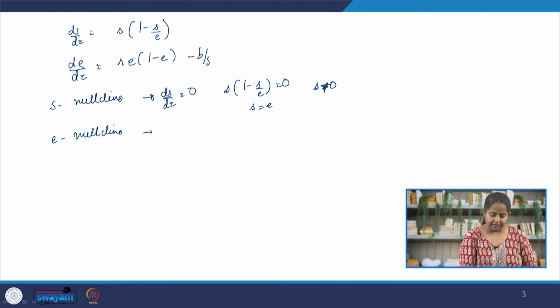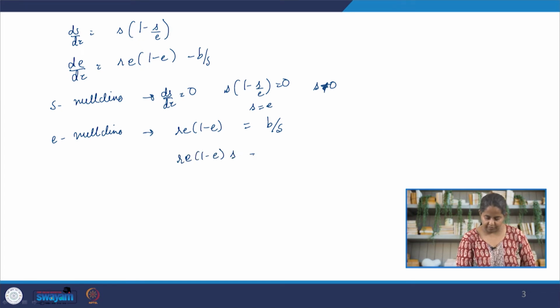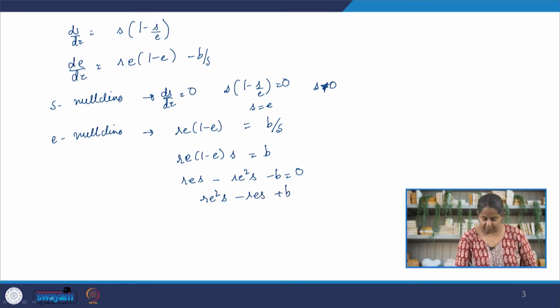For the E null line, this situation should be met, so this will give us our E null line.